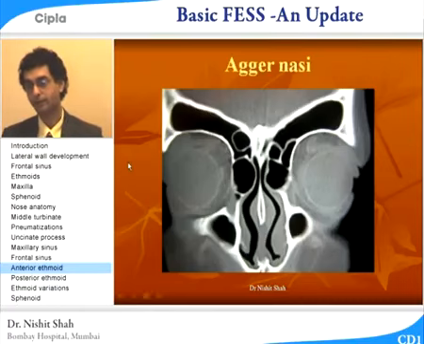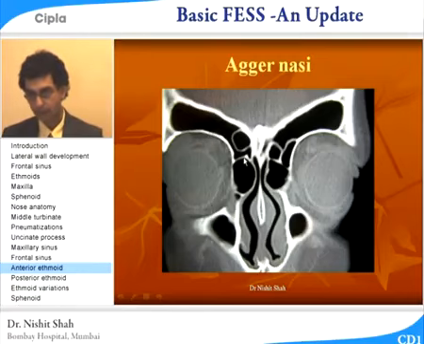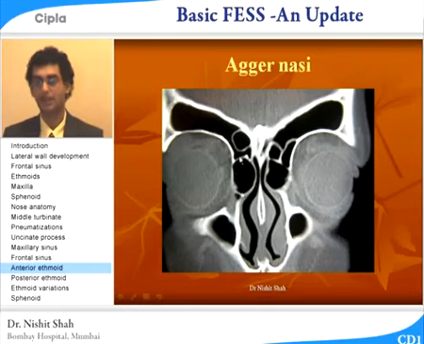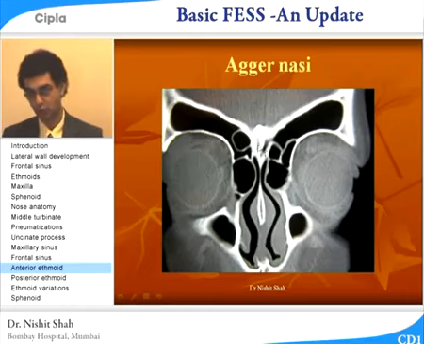When we look at the agar nasi cells now, we see this CT scan showing well pneumatized agar nasi cells, very large agar nasi cells, and these are some frontal cells in relation to the agar nasi. So you don't have 1, 2, 3 agar nasi cells.